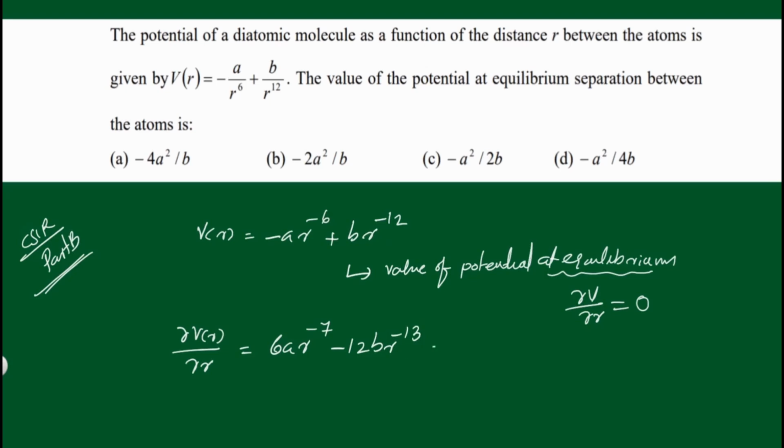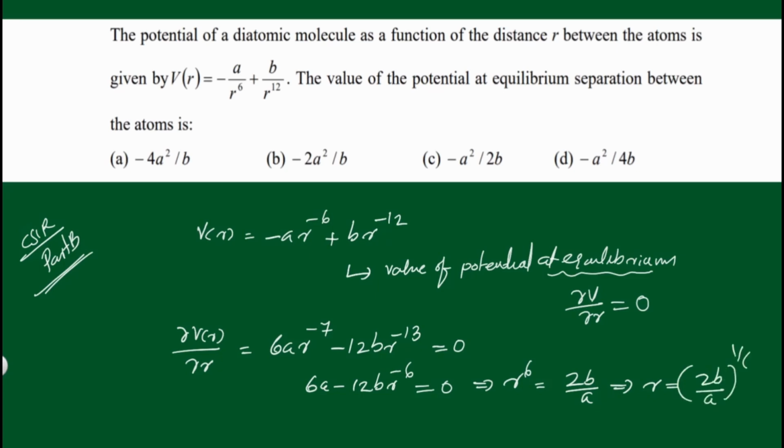And we are equating this to 0. So 6A minus 12B R raised to minus 6 equal to 0. That is, R raised to 6 equal to 2B by A. So we get R equal to 2B by A all raised to 1 by 6.